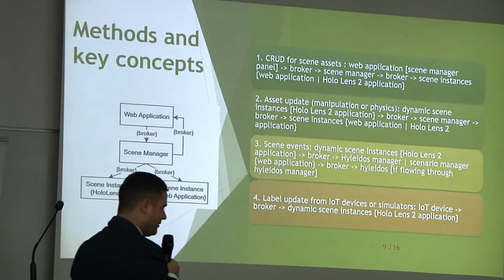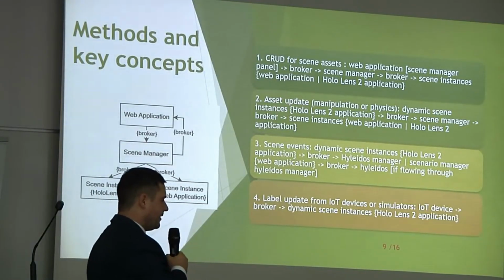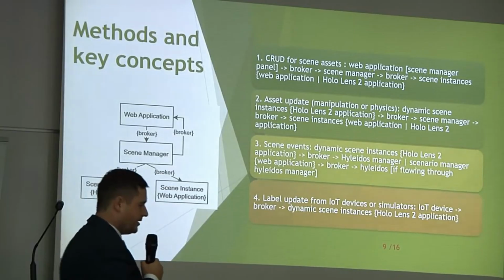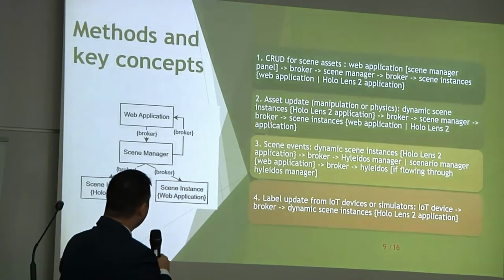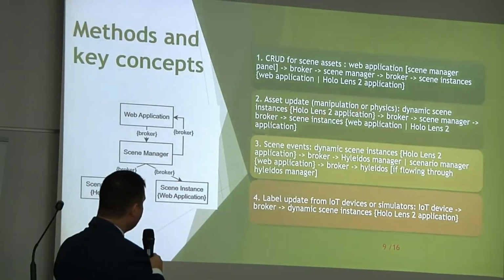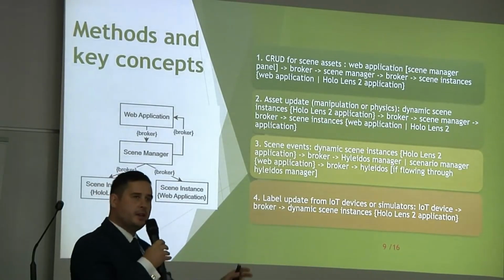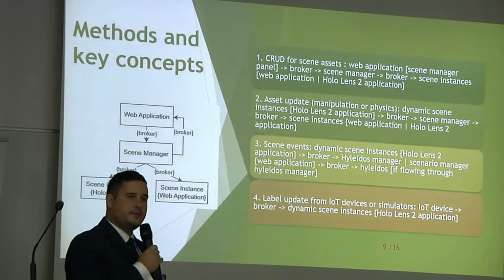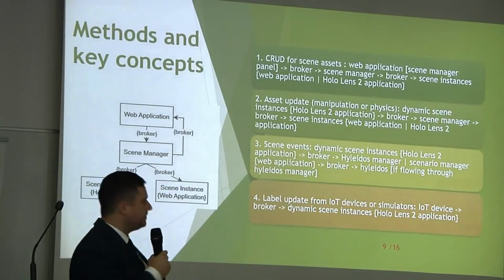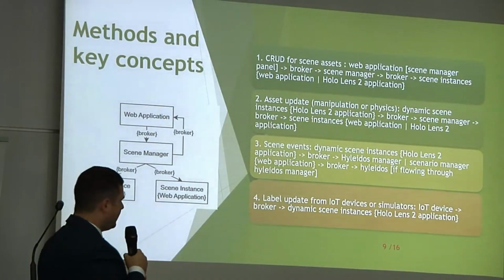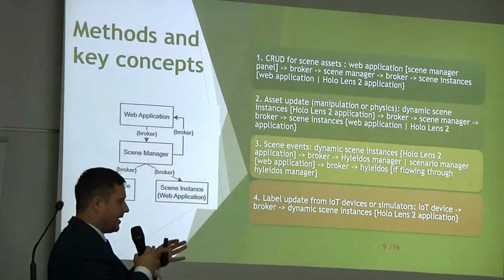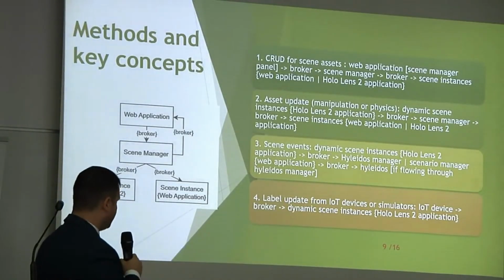For example, the next one, asset update. When we want to proceed with affine transformation, translation, rotation, scaling, it uses this data flow. So from dynamic Scene instance, for example, HoloLens, when we have an interaction with virtual objects, the system triggers events with this affine transformation, this asset update.